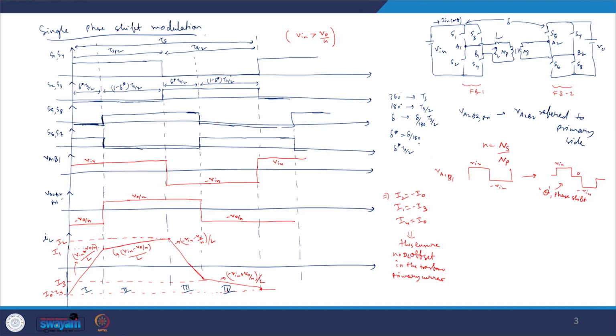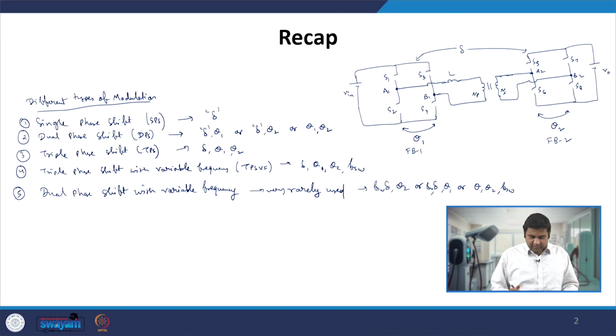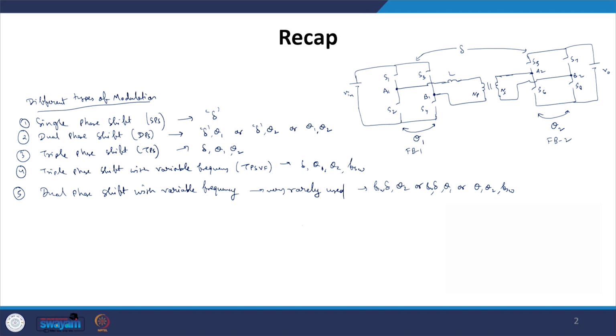However, as we have discussed in our DAB, we have several other possible modulations, like dual phase shift, or triple phase shift with variable frequency. So for different modulation schemes, one can define different inductance values which can be used.